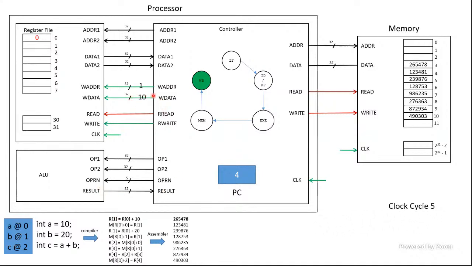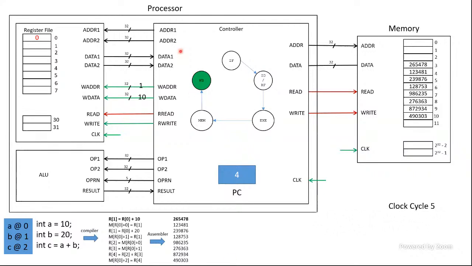So the write data is 10, and I need to write in register 1. The controller sends 1 to the write address and puts the register file in write mode. The read becomes 0, write is 1 at that point, and that's where it initiates the write operation into the register file.